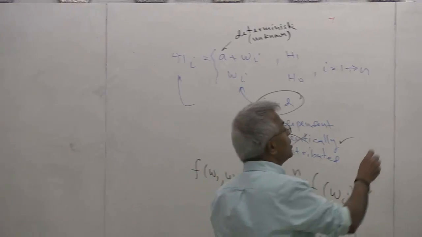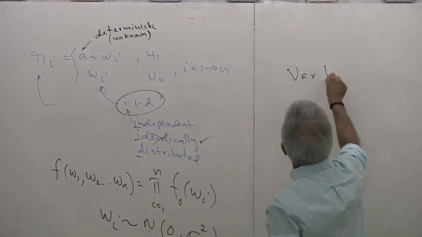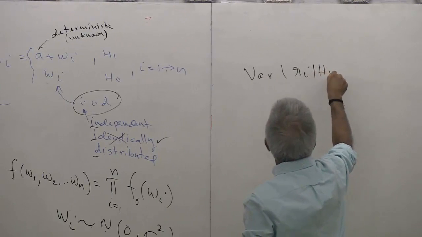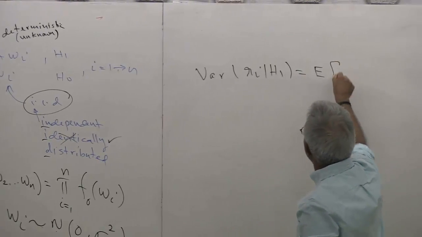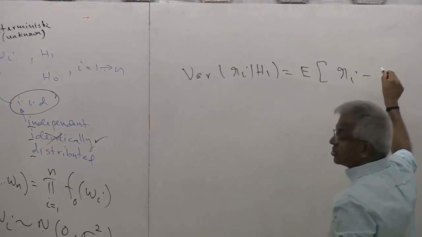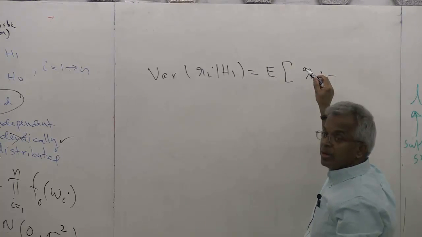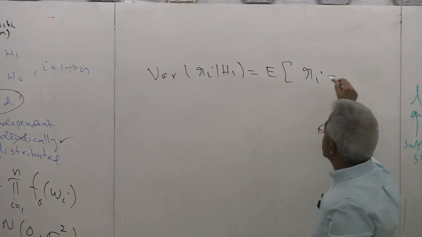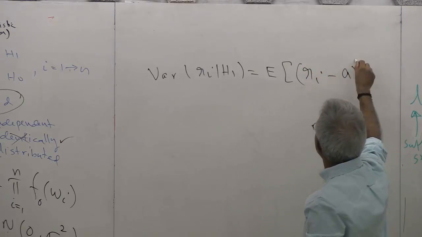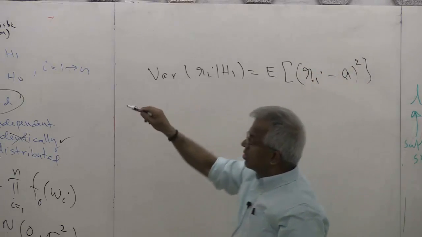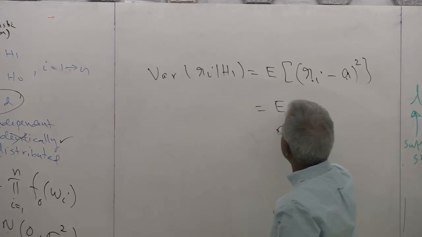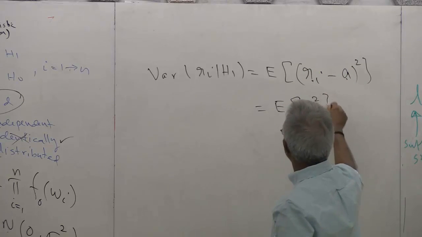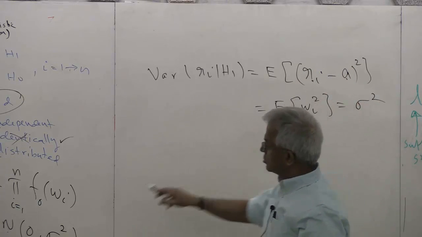So remember, the variance of R under H1 would be the expected value of the random variable minus its mean, squared. What is the mean? The mean is A, right? So Ri minus A, look at that, is Wi. So the variance will be only of Wi squared. But that's given to be sigma squared here.